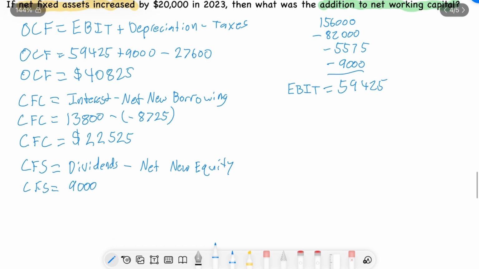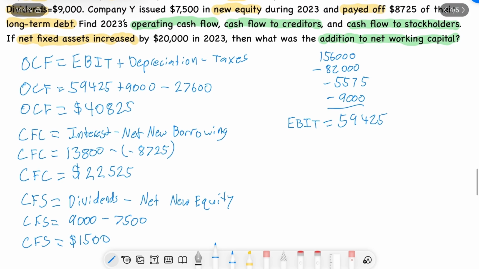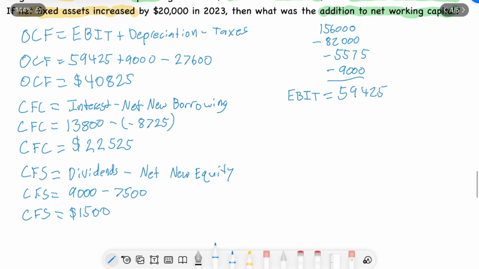So we've got $9,000 minus $7,500. That's going to give us a cash flow to shareholders of $1,500. All right, we've got our operating cash flow, cash flow to creditors, and cash flow to stockholders. So those are our answers for those parts right there.